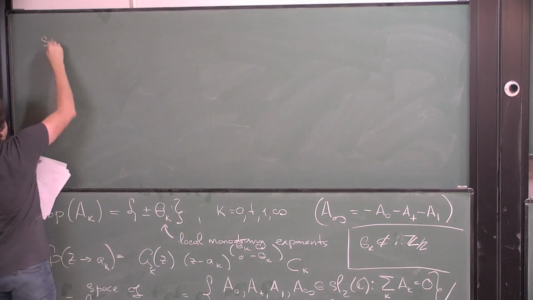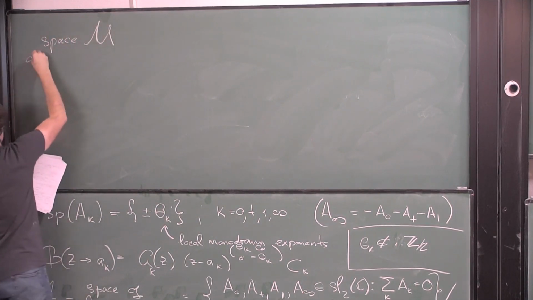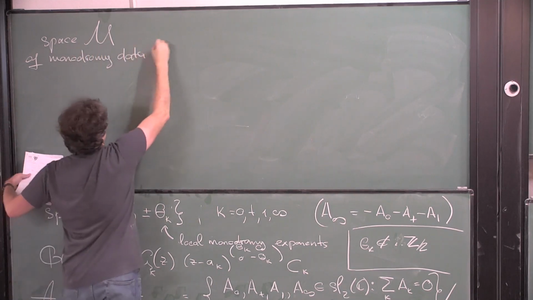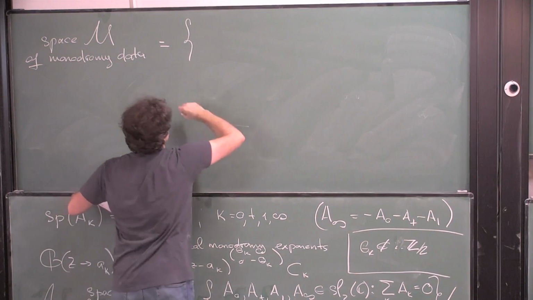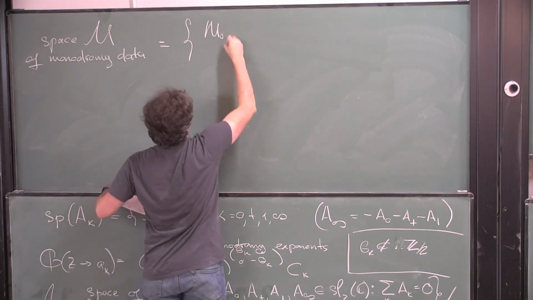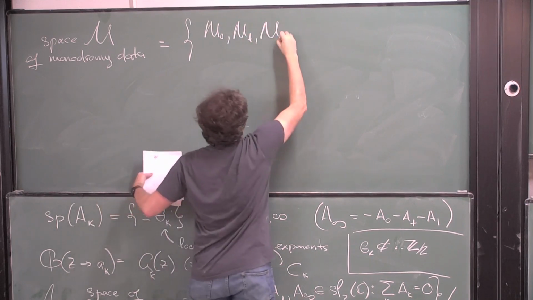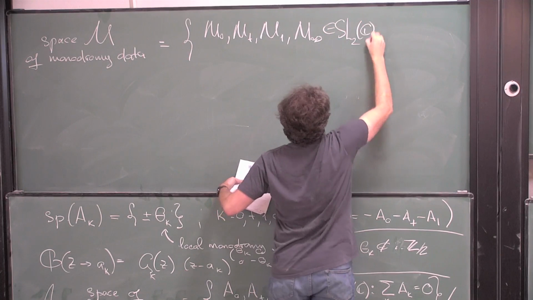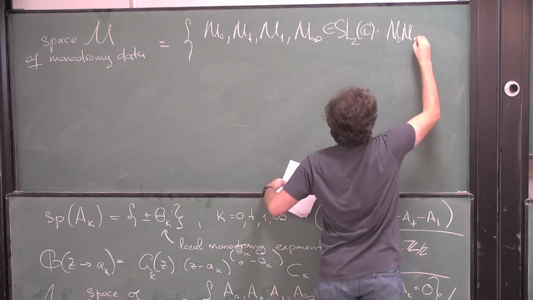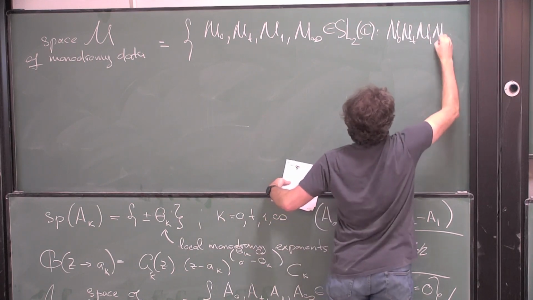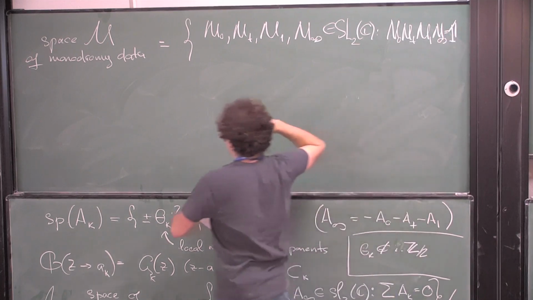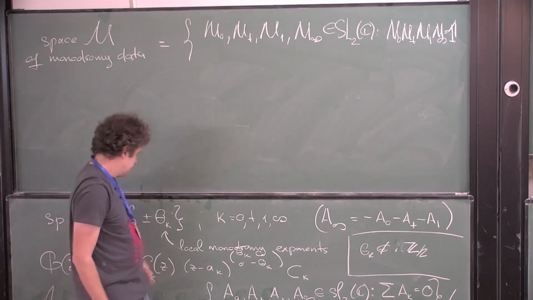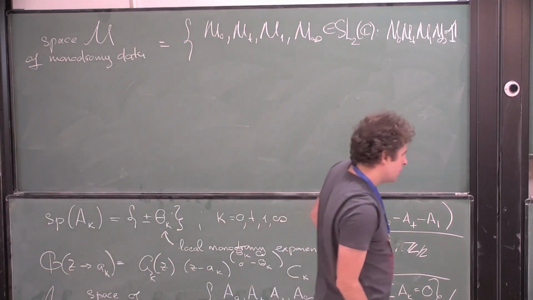The space M of monodromy data will be similarly defined as the space of 4 tuples of matrices M0, Mt, M1, and M infinity that multiply to the identity, for which we also fix the eigenvalues, because you can easily understand from this local behavior that I have written.